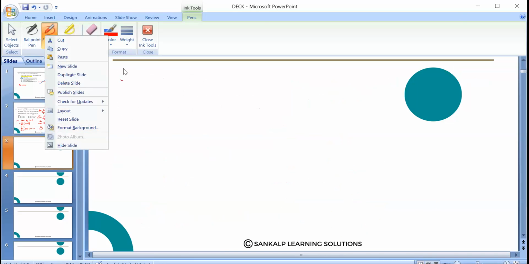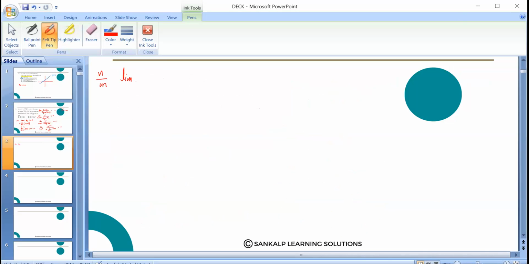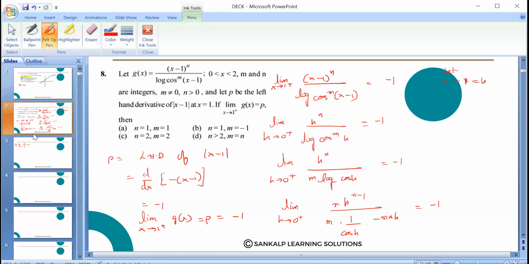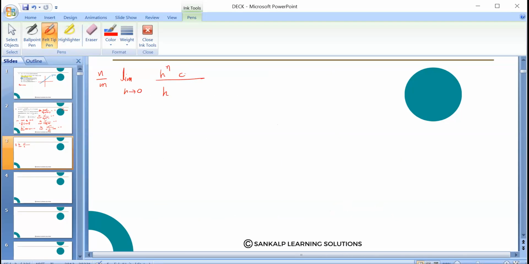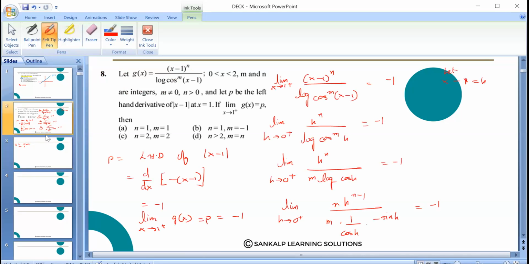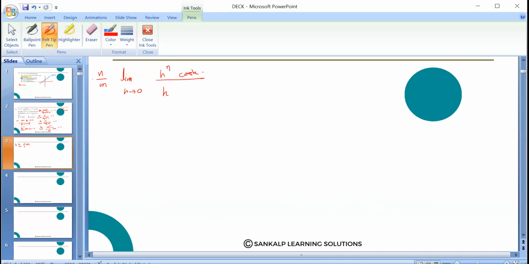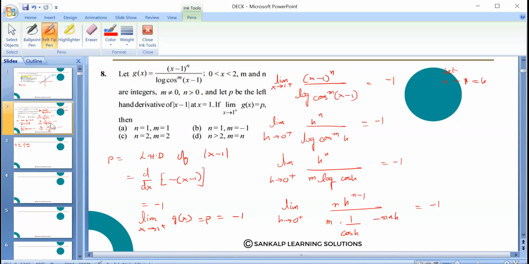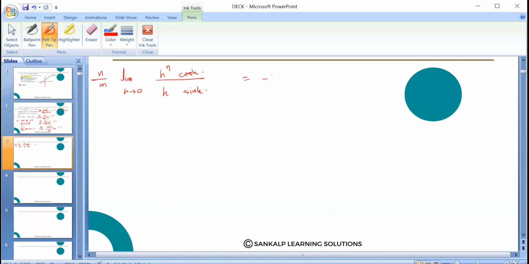This we will write as limit n by m we can take outside, h approaches 0, h power n by h power 1, n minus 1 we are writing. Cos h we will take up. Minus sin h, minus also we can take here. Sin h. So this is what it will become. This minus and this minus which we have here will cancel.